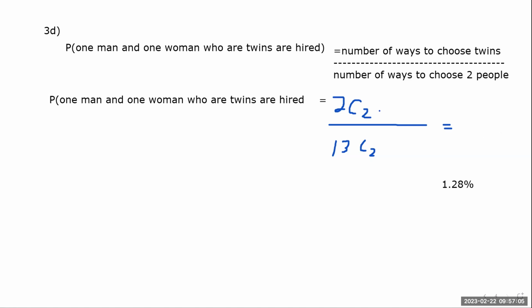This is 1 over 78, and be careful of your decimal. So this is 0.0128.